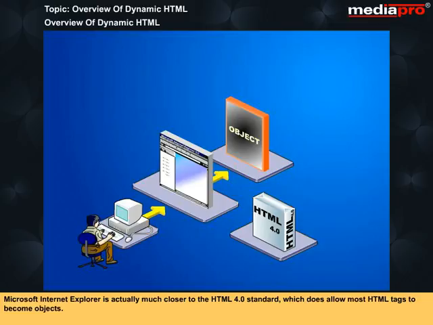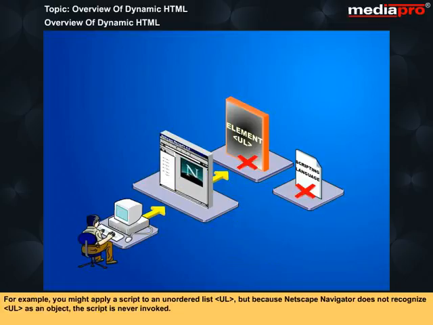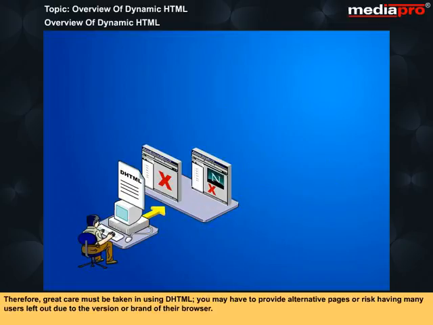Microsoft Internet Explorer is actually much closer to the HTML 4.0 standard, which does allow most HTML tags to become objects. For example, you might apply a script to an unordered list, UL, but because Netscape Navigator does not recognize UL as an object, the script is never invoked. Therefore, great care must be taken in using DHTML.